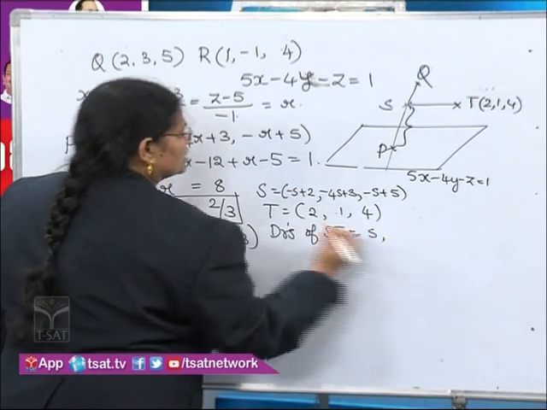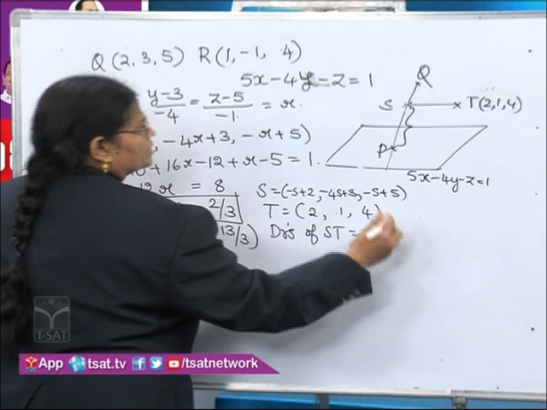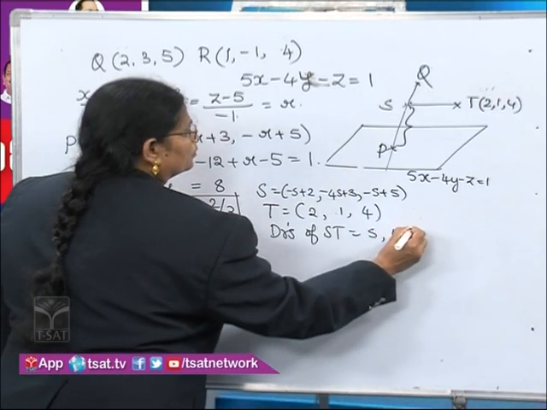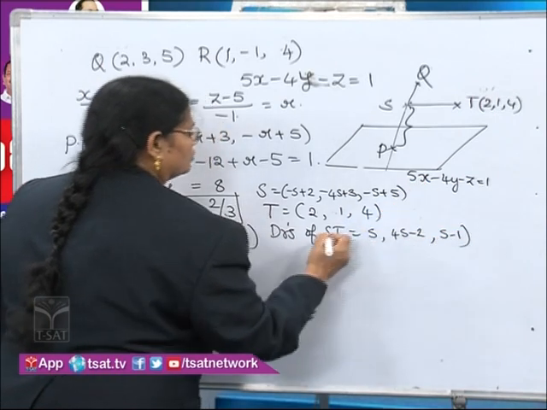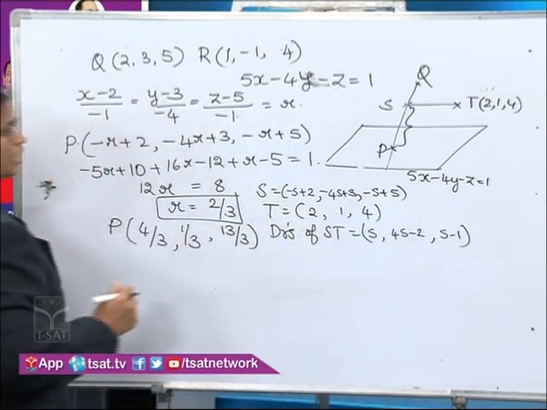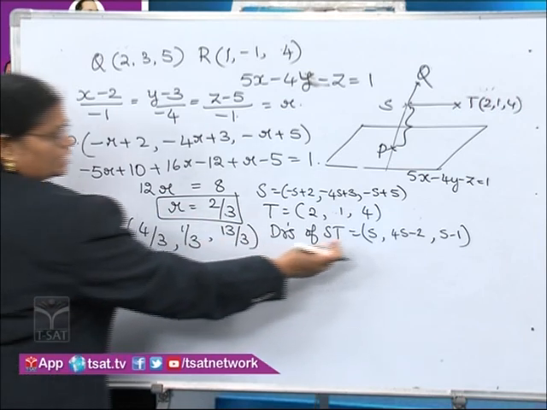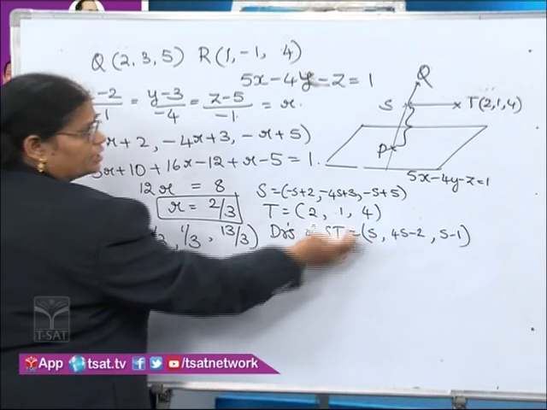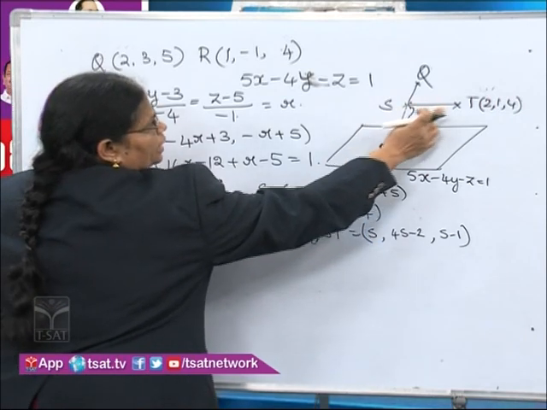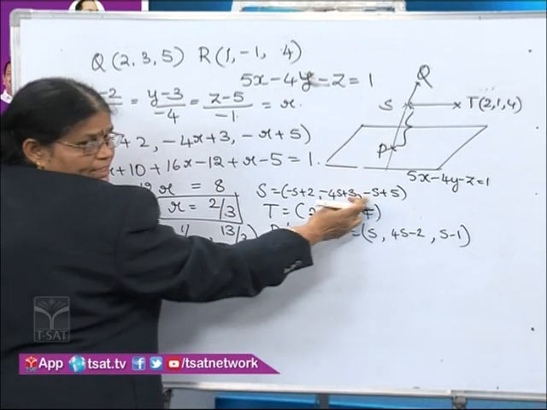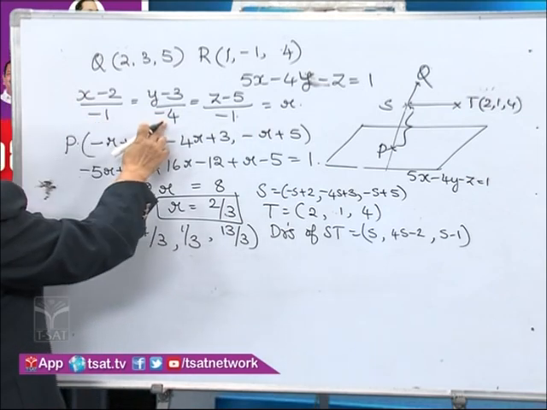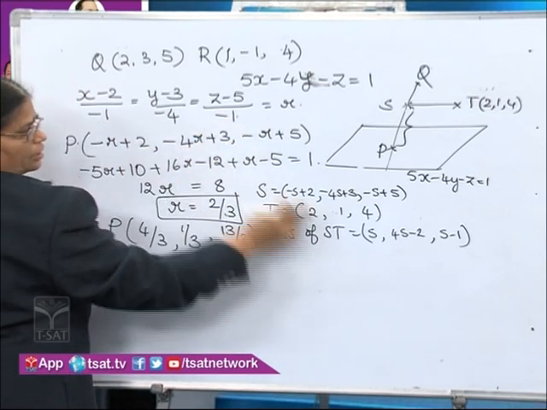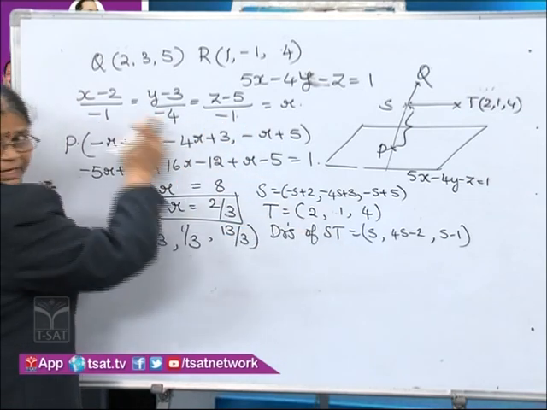So this becomes minus S, minus 4S plus 2, and 4 minus 5, it is minus 1. These are the DRs of ST. Why did I take DRs of ST? Because this is the foot of the perpendicular, this is a perpendicular line to this line. So I know the DRs of this QR, which are minus 1, minus 4, minus 1. So these two should be perpendicular.